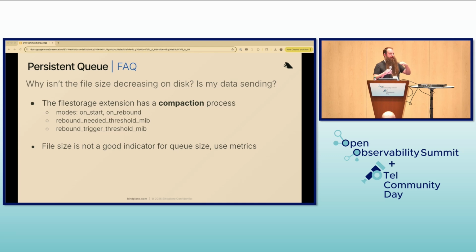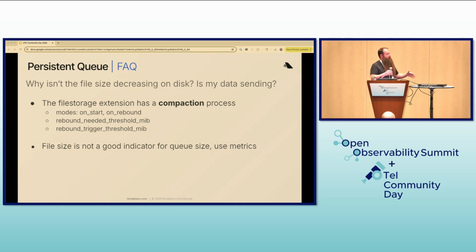You would expect that as data is being dequeued, that file would shrink, and that's not going to happen automatically. That's because the underlying file storage mechanism has a compaction process. As an item is dequeued and deleted, that file doesn't automatically shrink in size.